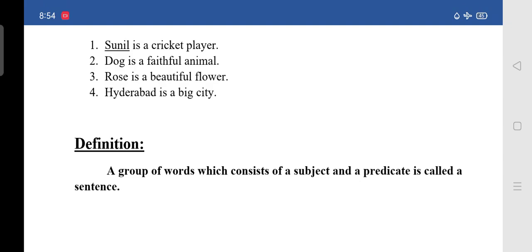After writing each sentence, you have to write which is the subject and which is the predicate. Write a minimum of 5 sentences and find the subject and predicate in each sentence. Don't write the examples which I have given. Try by your own, and send it to me.